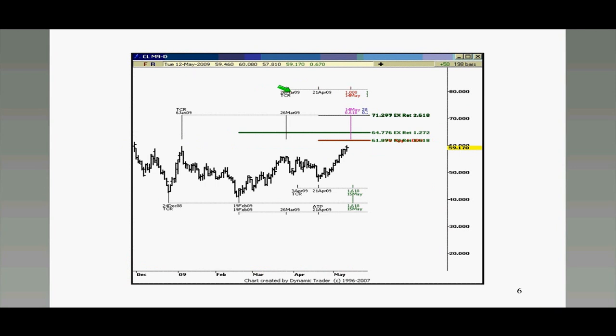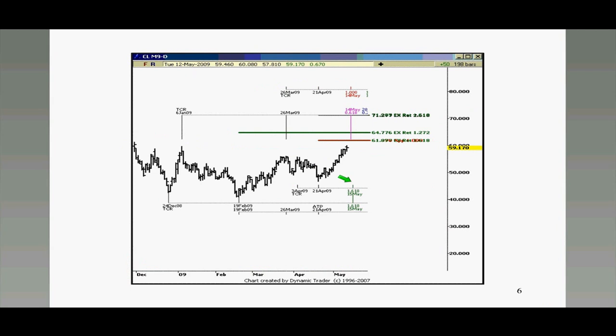Then I also had another high, January 6th, to the March 26th high, and projected forward 618 in time came in on May 14th. There was a high to low swing that I measured, this April 3rd high to the April 21st low, 1618 in time came in on May 15th.